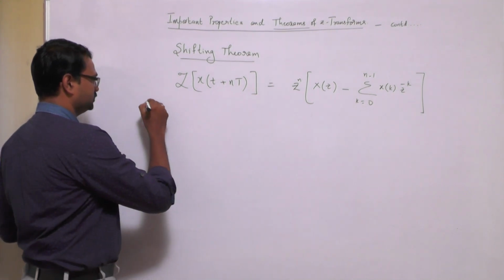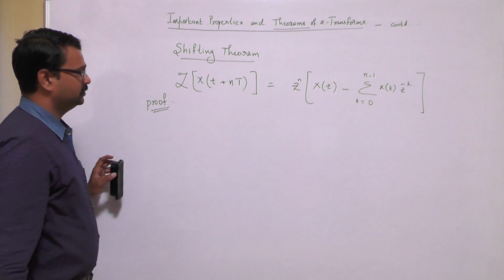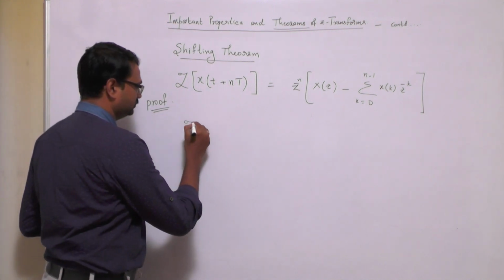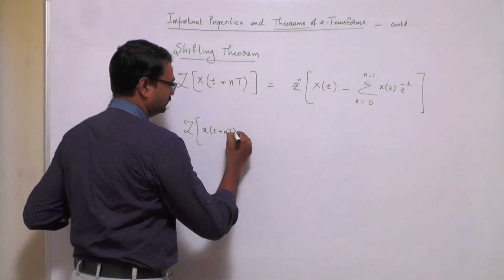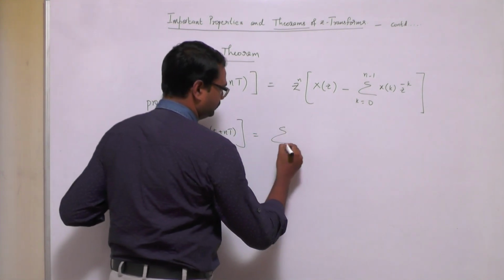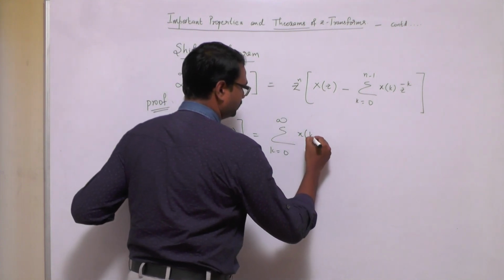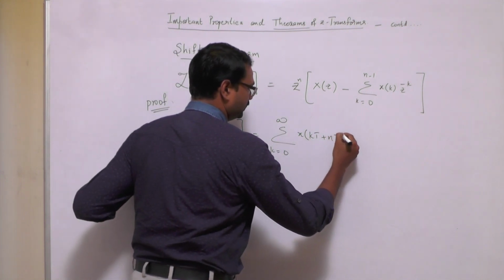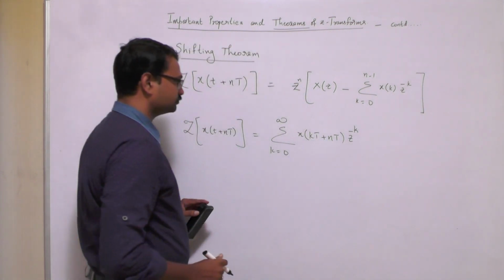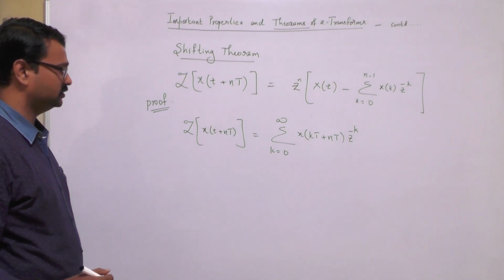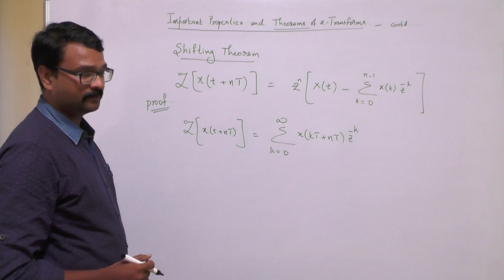Now we will have to prove this theorem. The theorem goes by definition, z transform of x of t plus nt gives us sigma k is 0 to infinity x of kt plus nt z power minus k.